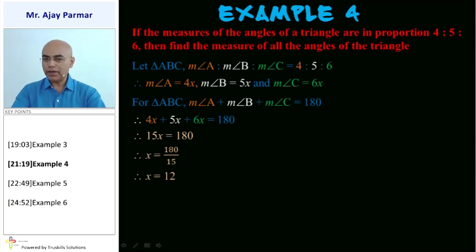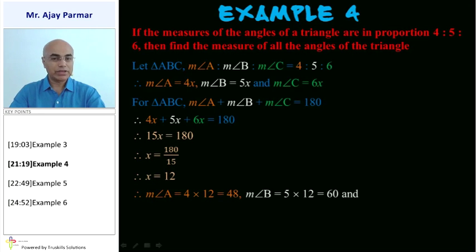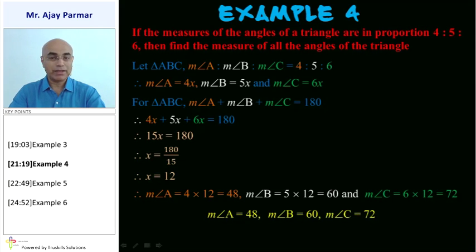So let us substitute the value of x in each and every one of them to find out measure angle A as 48, measure angle B, 5 12s because 5x, that is 60, and measure angle C, which is 6x, so 6 into 12, that is 72. So we have found out the measure of all the three angles, that is measure angle A, measure angle B and measure angle C respectively as 48, 60 and 72.